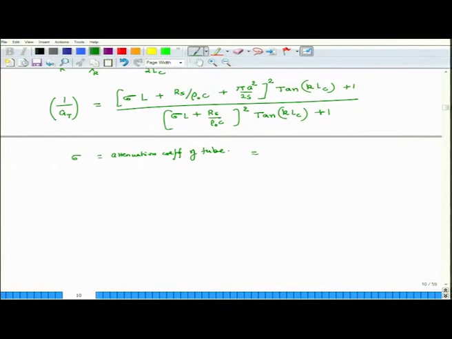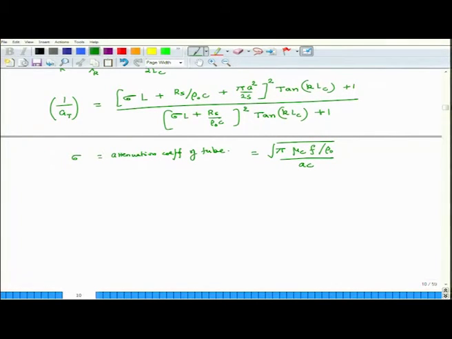So, that is what is meant by attenuation coefficient of the tube, and this is equal to pi times mu c f divided by rho naught, the entire thing under the square root sign divided by A c.